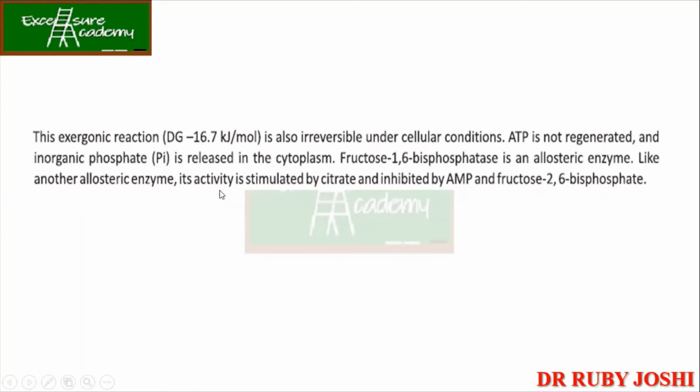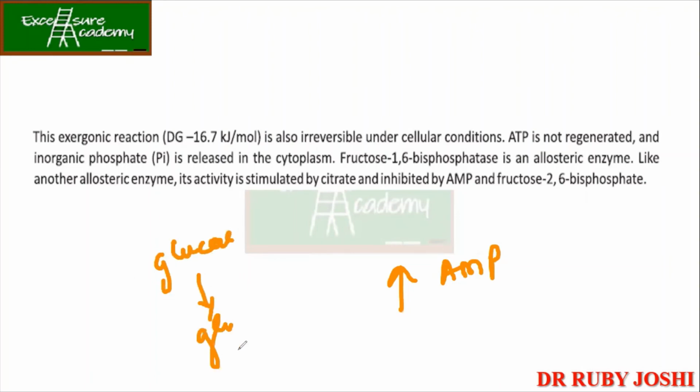Okay, so why the activity is stimulated by citrate? अभी हमने mention किया था, if we have got many metabolites, they can be used for the synthesis of glucose, right? Inhibited by AMP. क्यों? अगर ज्यादा amount of AMP है, if suppose you have got high concentration of AMP, so should I start making glucose or should I start undergoing glycolysis?